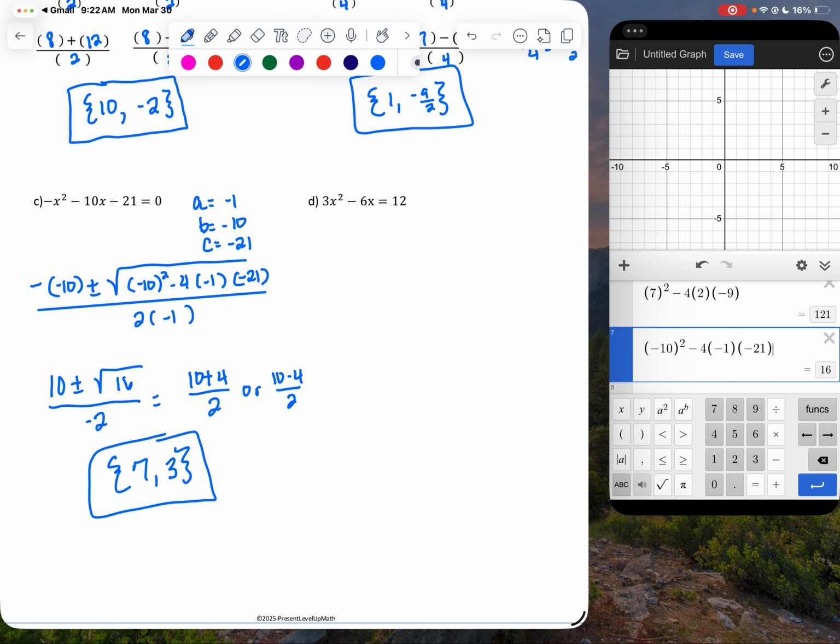All right, welcome back. Let's see how you did. The first thing I did was subtract 12 from both sides to get 3x squared minus 6x minus 12 equals 0. I identified my a as 3, my b as -6, and my c as -12.